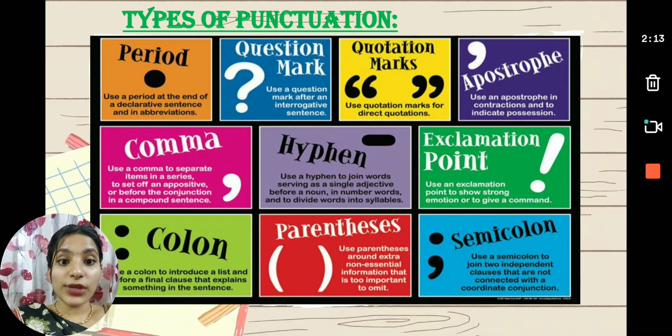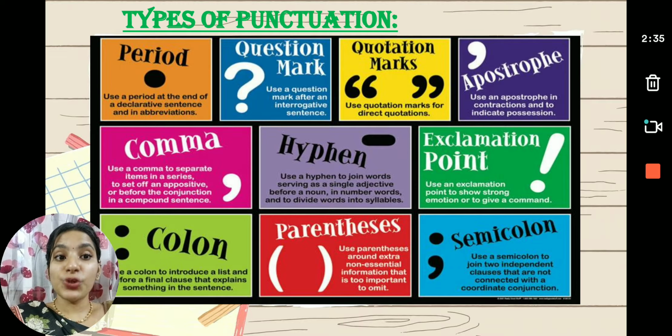Now we're going to look at the types of punctuation. Can you all see all those colorful boxes there? Can you all read for me those types of punctuation, students? Yes, very good. Thank you. So what is the first one? Period. A period is also called a full stop.